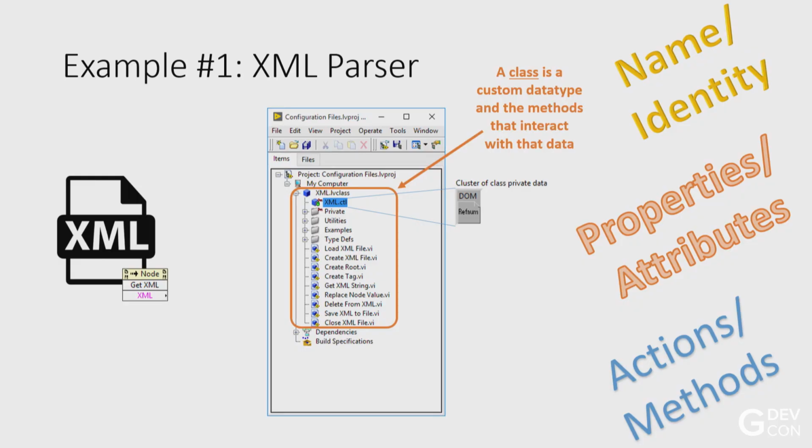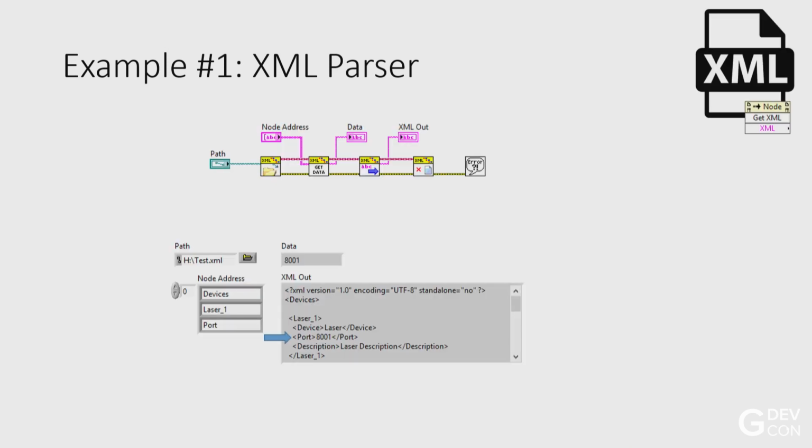Now, this shows the definition of a class that I gave you earlier, where a class was a custom data type, which we see here, and the methods that interact with that data type. So from here, I was able to create a very straightforward API, where to read a value in an XML file, I could just open a file, search for a particular piece of data.